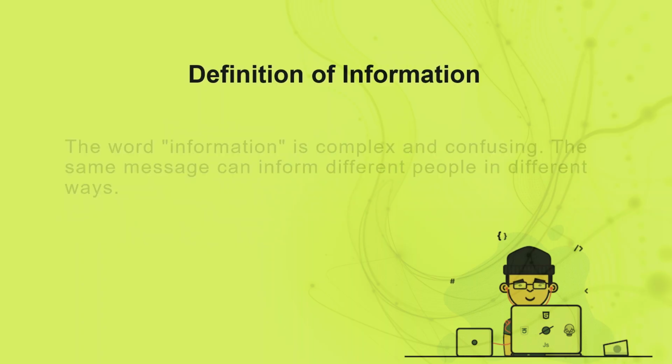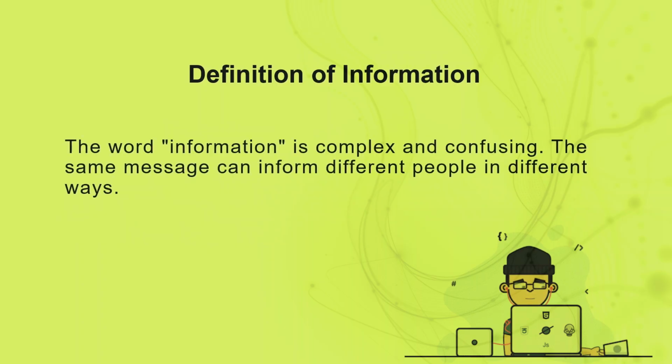The term information has a rich etymological history. According to the Oxford English Dictionary, it originally referred to the forming or molding of the mind, suggesting that the soul could be informed. While this usage is no longer common, it highlights the powerful influence of information.